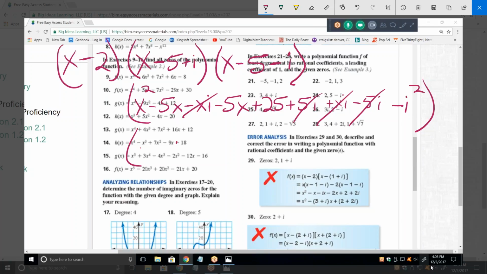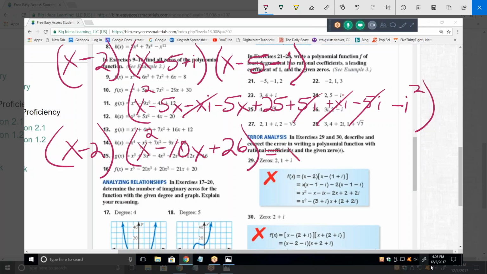So x squared minus 10x plus 26. Now multiply that by that. So x to the third minus 10x squared plus 26x, that's his line.